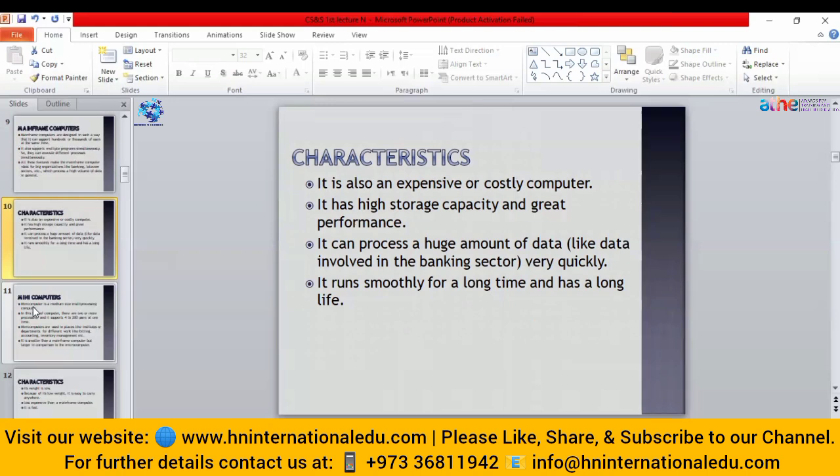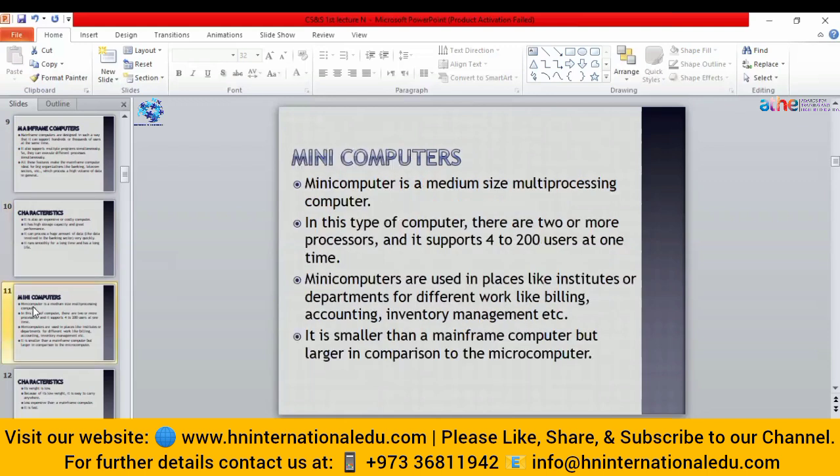It has high storage capacity and great performance. It can process a huge amount of data, like in the banking and telecommunication sectors. It runs smoothly for a long time and has a long life, as we have to facilitate our users, so we have to make our computer more accurate and more efficient.